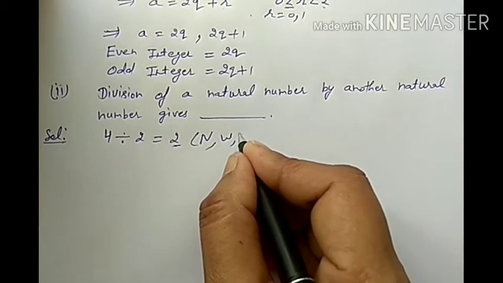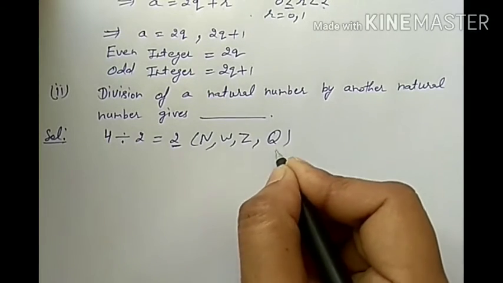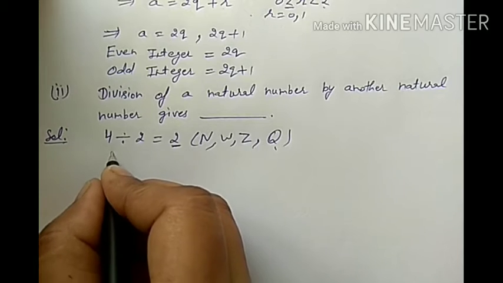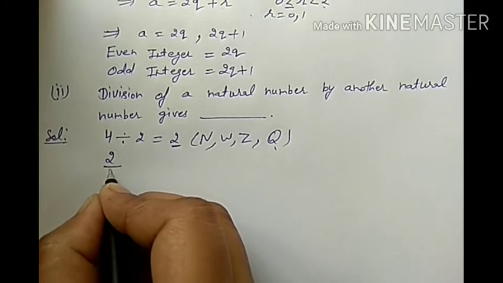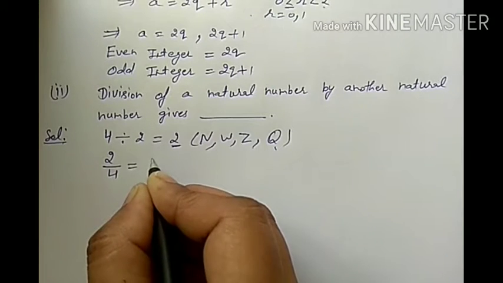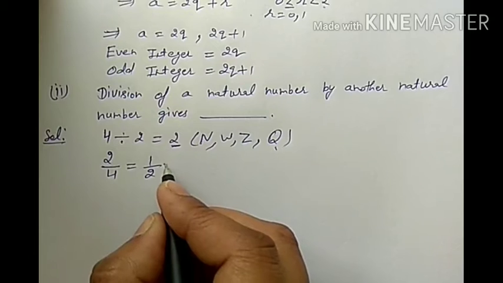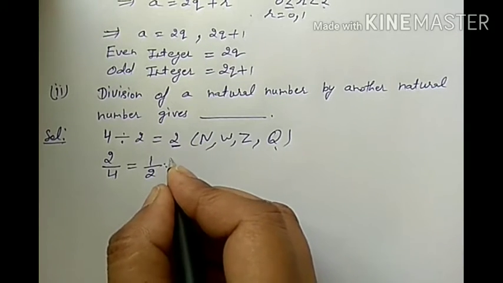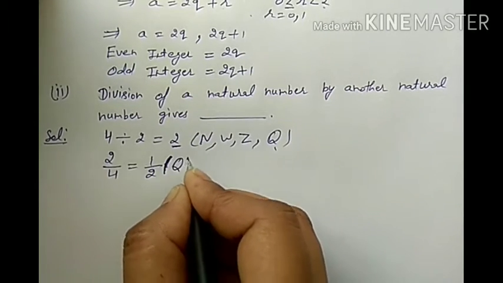This is also an integer, and this is also a rational number. But when you take the number 2, reverse of it, and you divide it by 4, then you get 1 by 2. Then it is not a natural number, not a whole number, not an integer, but it is only a rational number.